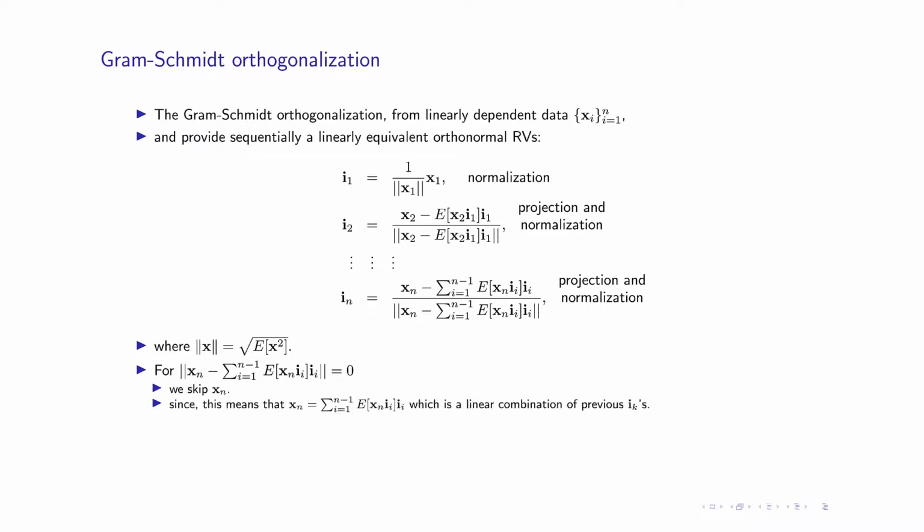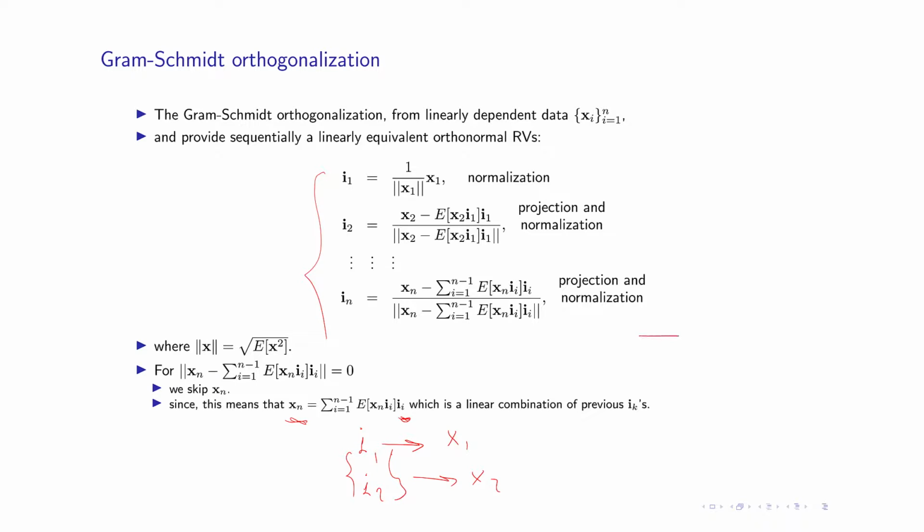So we skip xn, and this means that xn is always a linear combination of the Ii's. So using I1, I could produce x1, and using I1 and I2, I could produce x2, using I1, I2, and I3, I could produce x3, etc. So using these random variables, I could get my input data back.